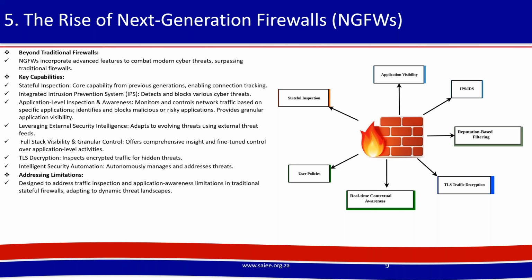A defining feature is the application level awareness. Unlike older firewalls that might only see web traffic, next generation firewalls can identify specific applications such as a particular SCADA protocol or a file sharing app and apply granular controls to it. This gives us much finer control over what applications can run on our networks.